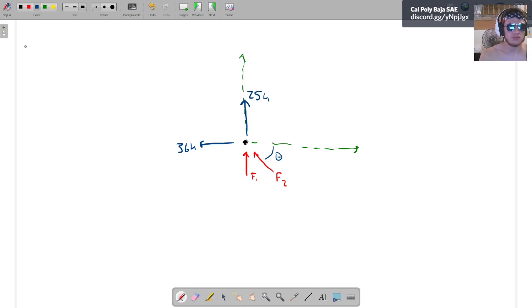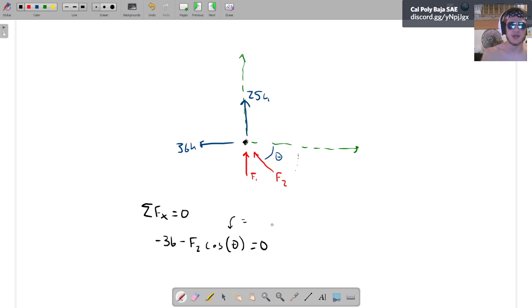So now let's do our statics. So sum of the forces in X equals 0. So that's minus 36 plus, oh, I said minus F2 cosine theta equals 0. And cosine theta here is equal to, what's that going to be? 10 squared plus 12 squared.